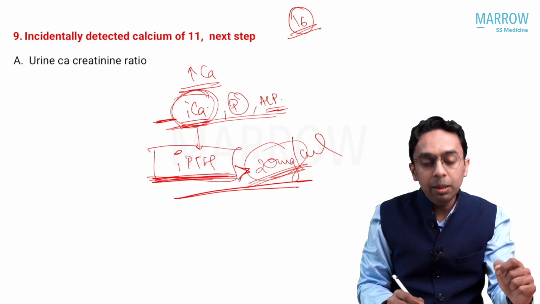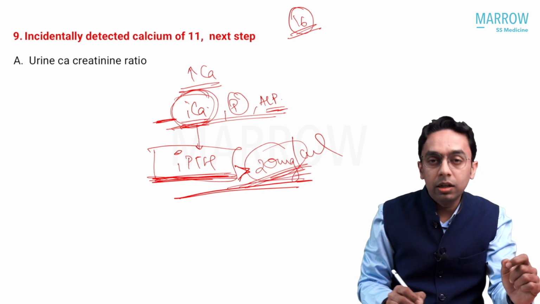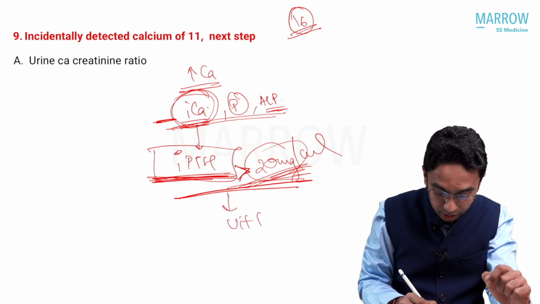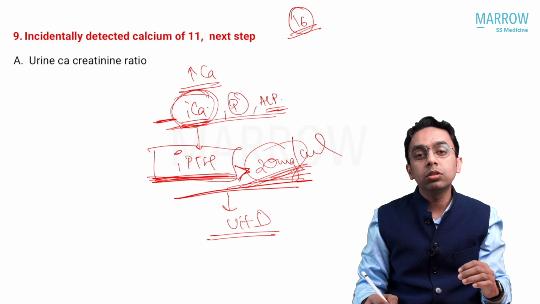And if it is independent, that is if the iPTH is less than this, then you need to get vitamin D. This is very, very important, because now with so much supplementation, people are getting injectable vitamin D in 6 lakh units, even monthly.